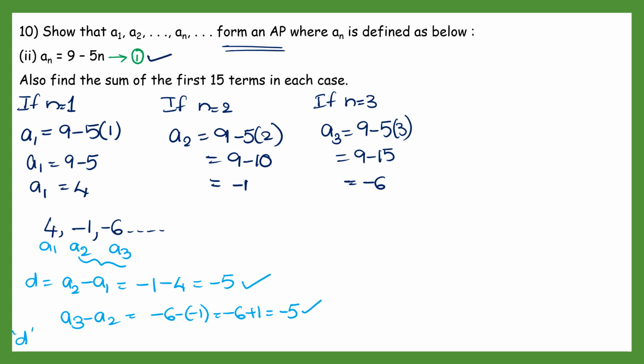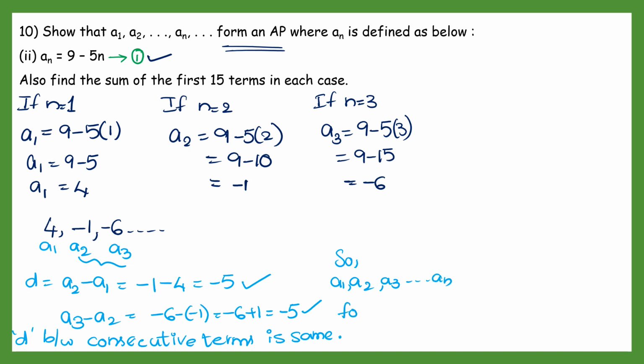The difference d between consecutive terms is same. So we can tell a1, a2, a3 and so on an form an arithmetic progression.